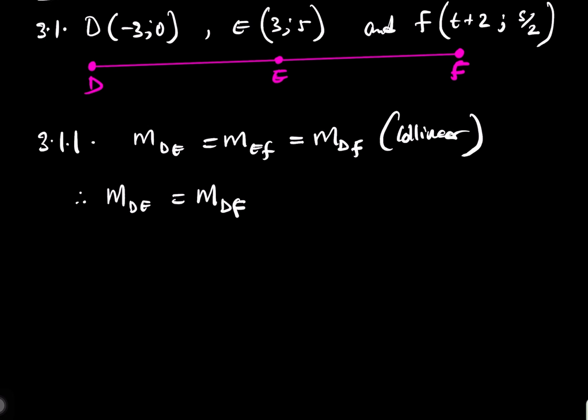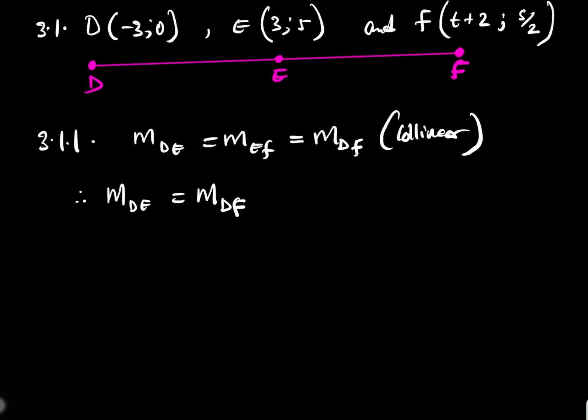So let's see. The gradient of DE is primarily (5 minus 0) divided by (3 minus -3), so it's more like plus 3, that is equal to the gradient of DF. So for F there, y2 minus y1, which is 5/2 minus the y at D, which is 0, divided by t plus 2 minus the x at D, which is -3.